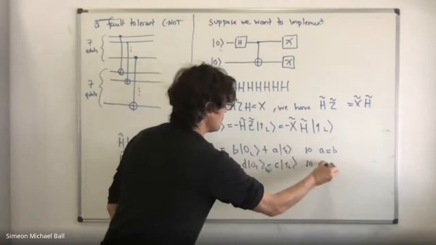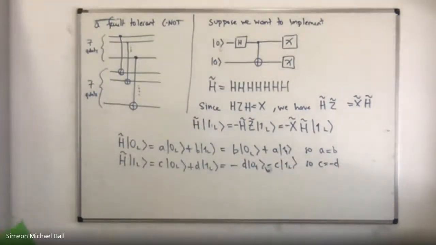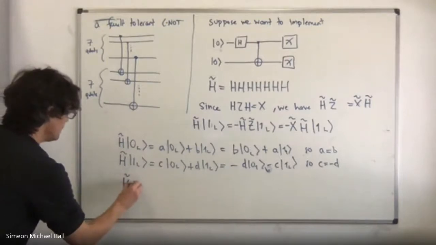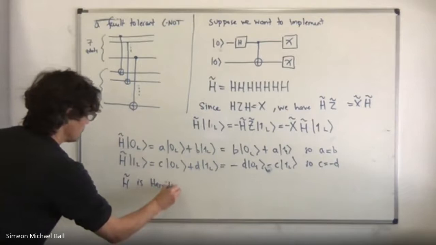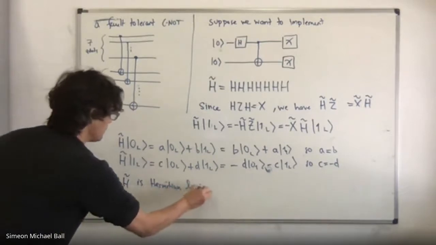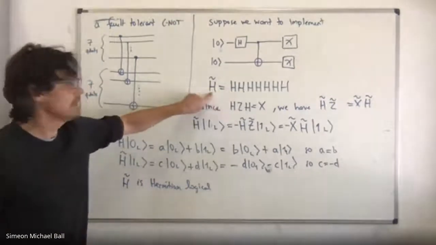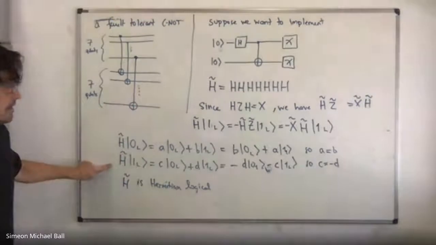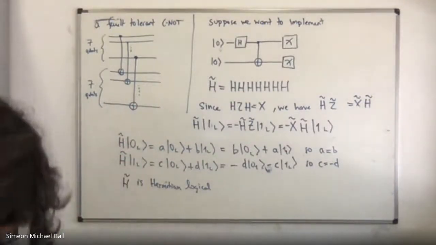So C is equal to minus. So by normalization, we have exactly that H is Hermitian logical. Okay, so that was the proof that this H logical is really this. I'm just proving that it really is the Hadamard. Okay, so that is an exercise.